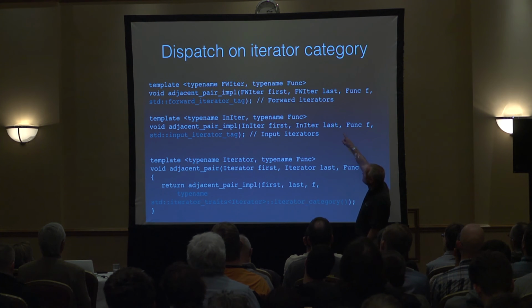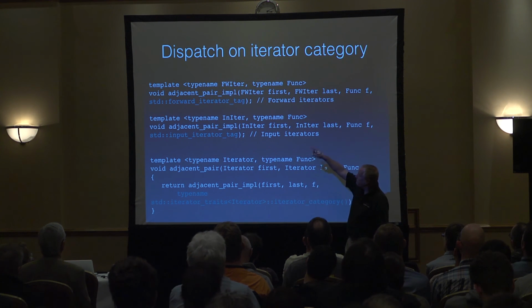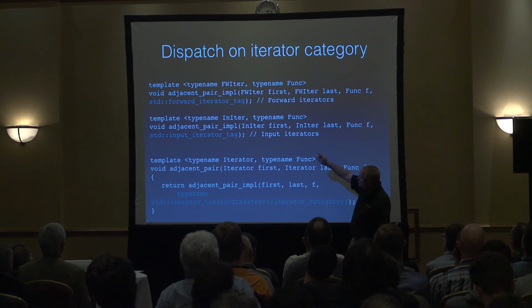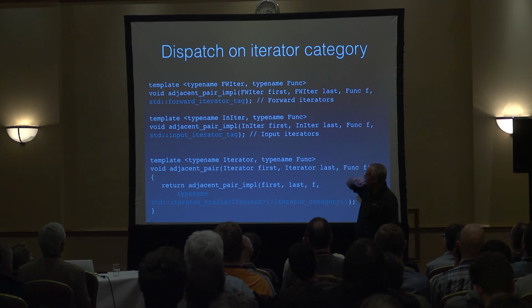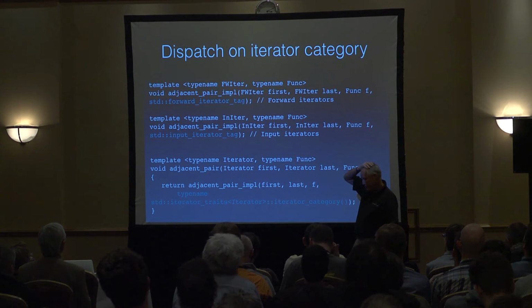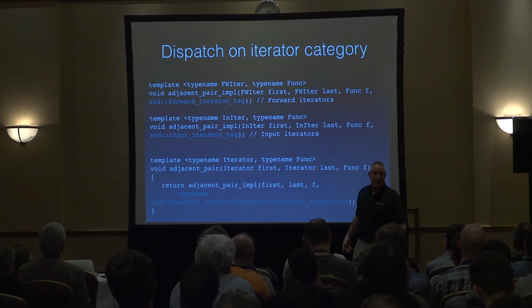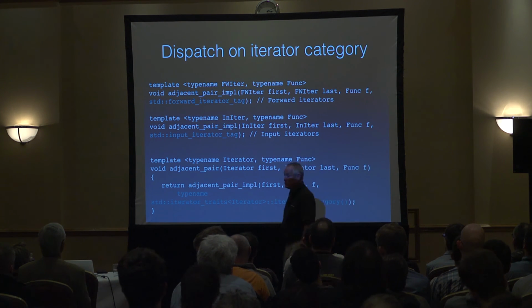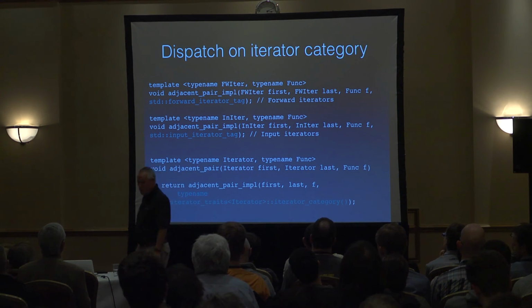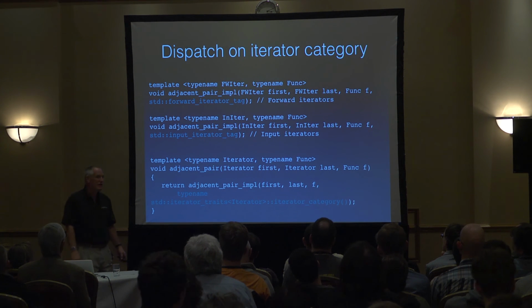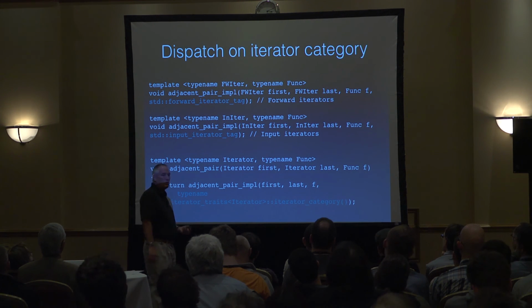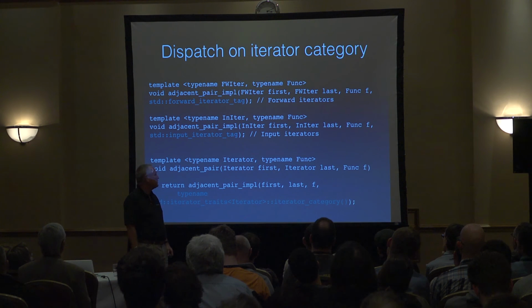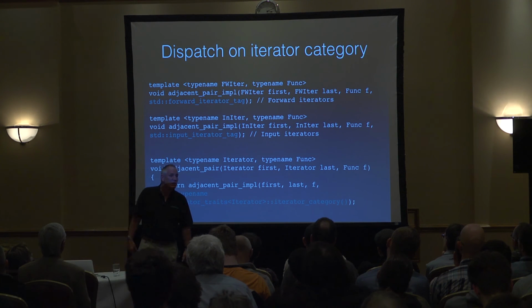And then we have 3 of these, one that says forward iterator, one that says input iterator, one that says bidirectional iterator, one that says random access iterator. Very straightforward. The first time you do it, you'll kind of scratch your head a few times and say, huh, huh, huh, and then you look at it and you figure out how it works, and then it just rolls off your fingers.